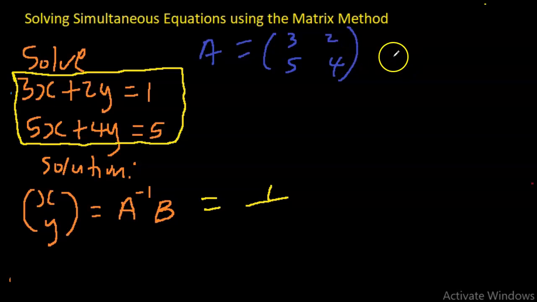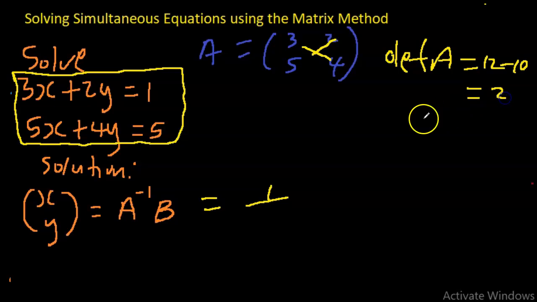Here's A. Let me put down the determinant of A. What's the determinant of A? Cross multiply: 4 times 3, that's 12, take away 5 times 2, that's 10. So the determinant of A is 12 minus 10, which is 2. So the inverse of A is 1 over the determinant, so it's 1 over 2, times the adjoint of A. And what's the adjoint of A?